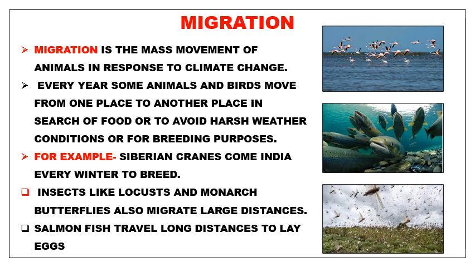Now next is migration among animals. Students, some animals travel very long distances in large groups at certain times of the year. This mass movement of animals at a certain time of the year is called migration.